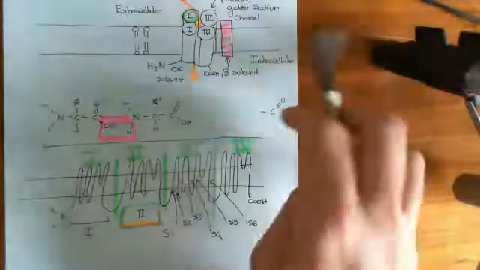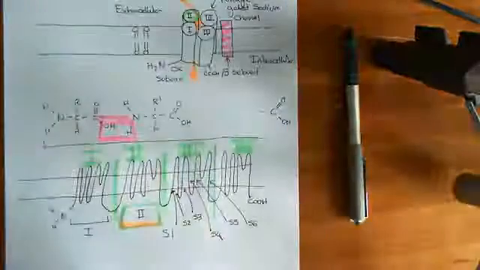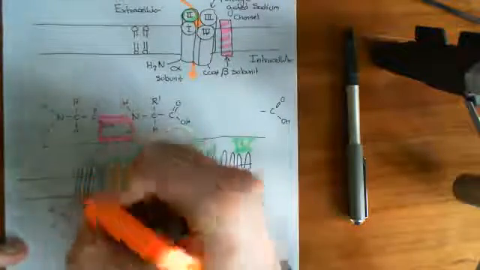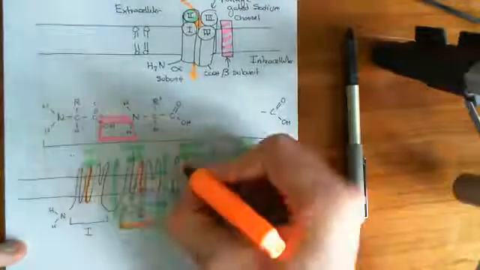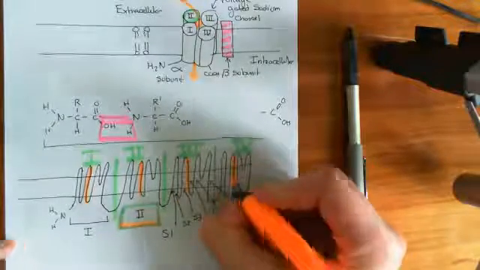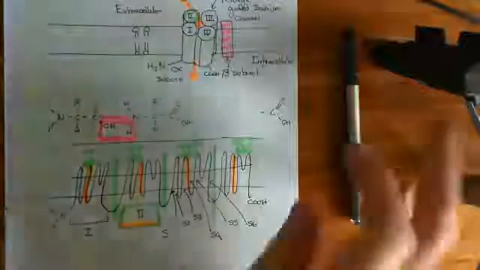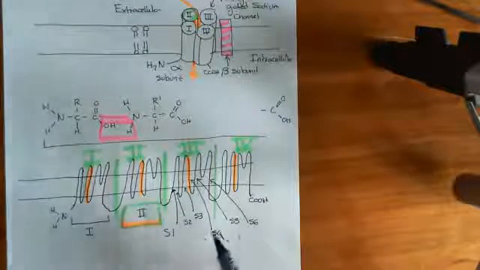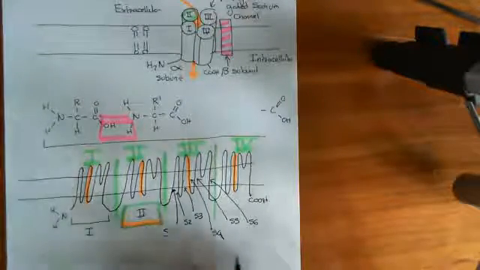And basically the 4th membrane spanning domains, which is this one here, this one here, this one here, and where's the final one? This one here. They are very important. So all the S4s are very important because they have a positive charge.